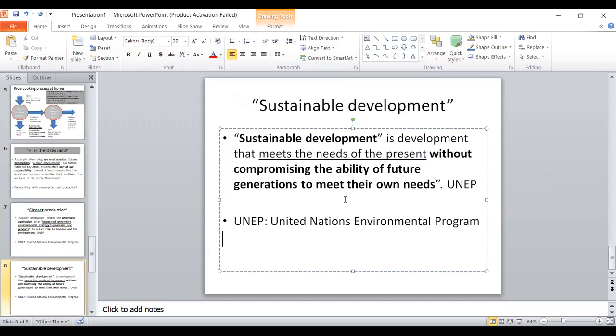Development means we are improving and meeting our needs. For example, we are building highways. Our city traffic is increasing, so there are solutions. We need to connect the villages with the cities. Those need highways to meet the needs.